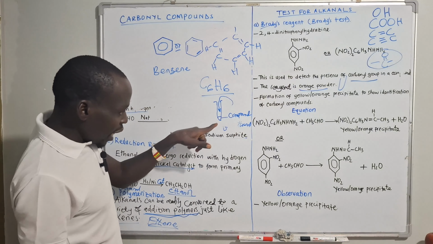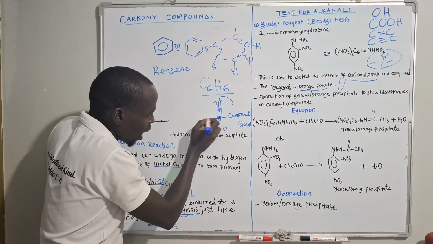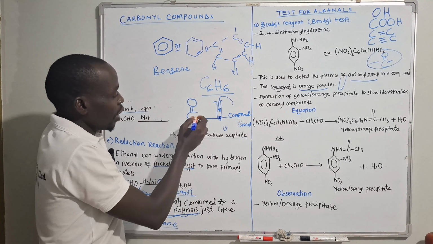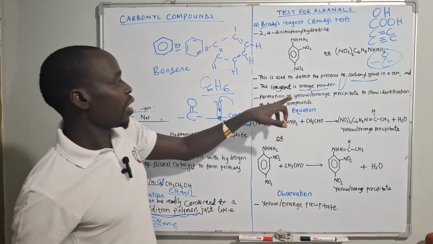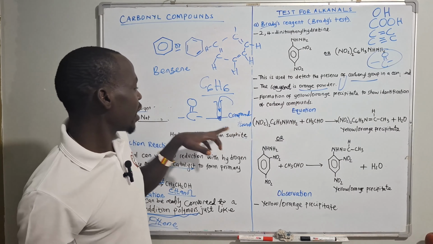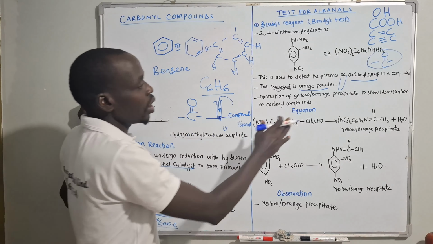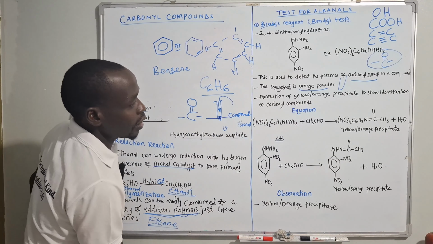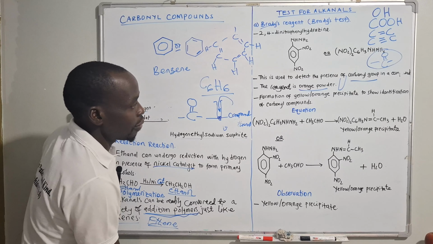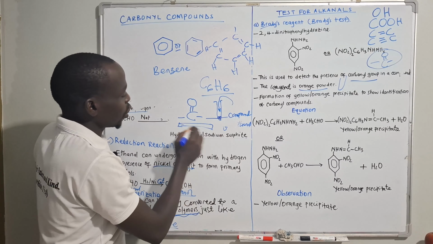Now, if in this compound we have this functional group, here we shall be in position to see whether yellow or orange, depending on the amount of this reagent. If it is much, you will see this orange precipitate. If it is moderate, you'll see the yellow precipitate, and you will now conclude as a chemist that I'm dealing with this functional group.